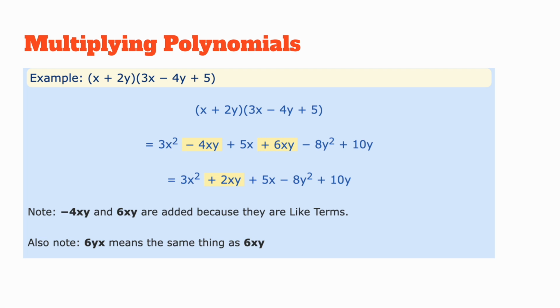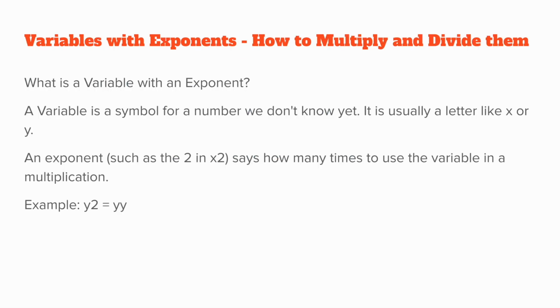So the answer should be 3x squared plus 2xy plus 5x minus 8y squared plus 10y. So these were multiplying polynomials.